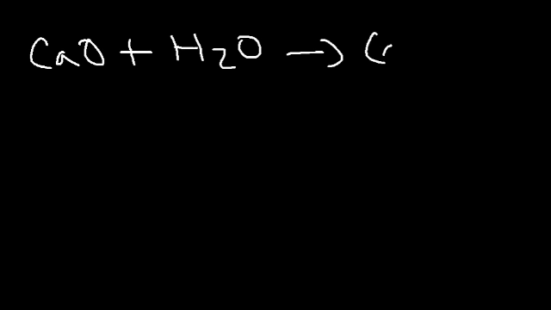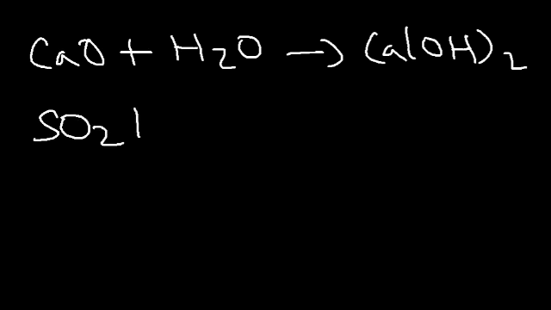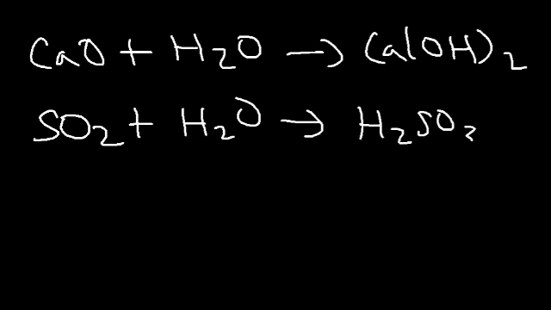Now we said that whenever you have a metal oxide with water, it's going to produce a base. So metal oxides are basic anhydrides. Now what about non-metal oxides, like sulfur dioxide? Non-metal oxides are acid anhydrides because when you put them in water, they will turn into an acid.